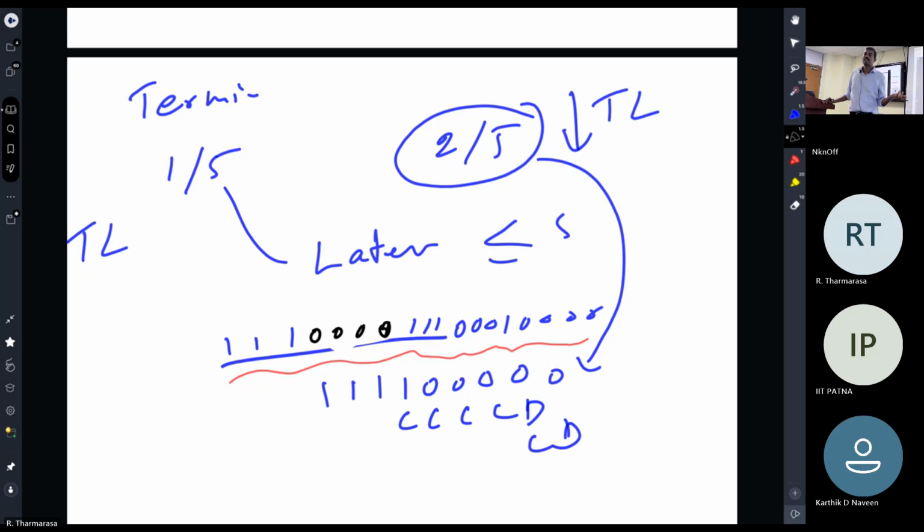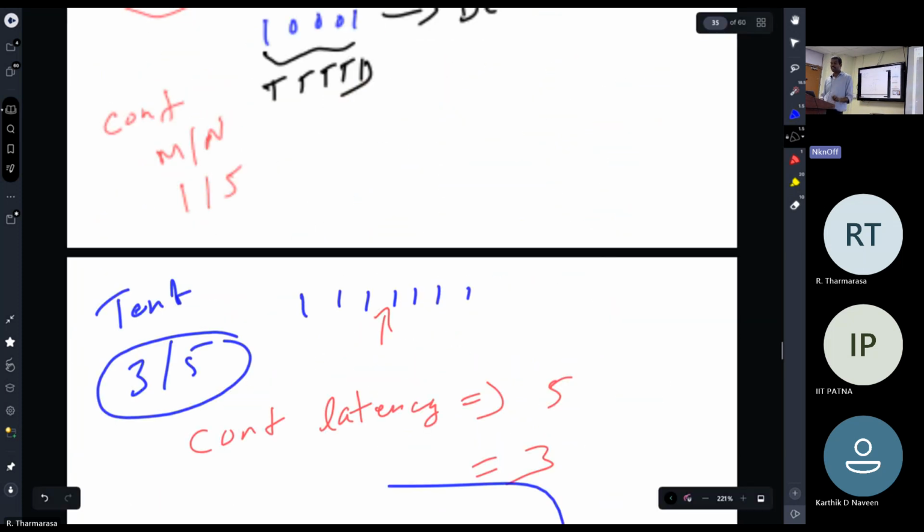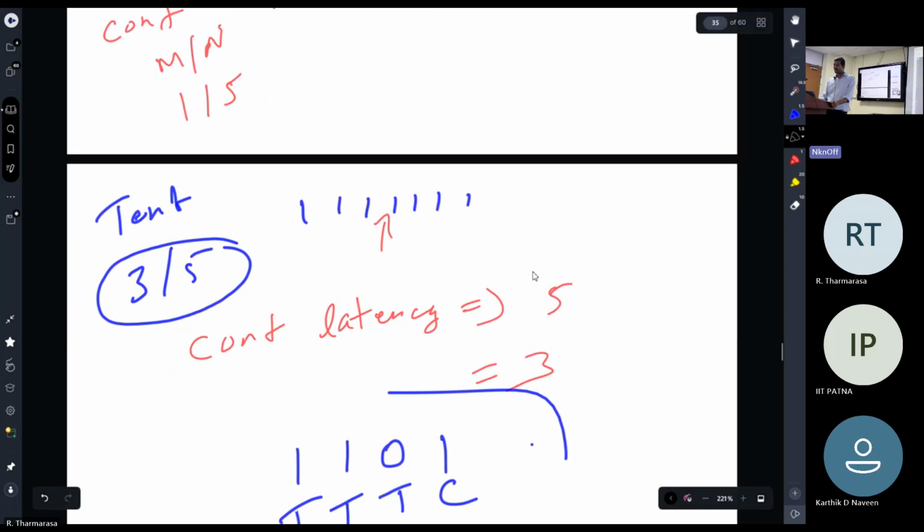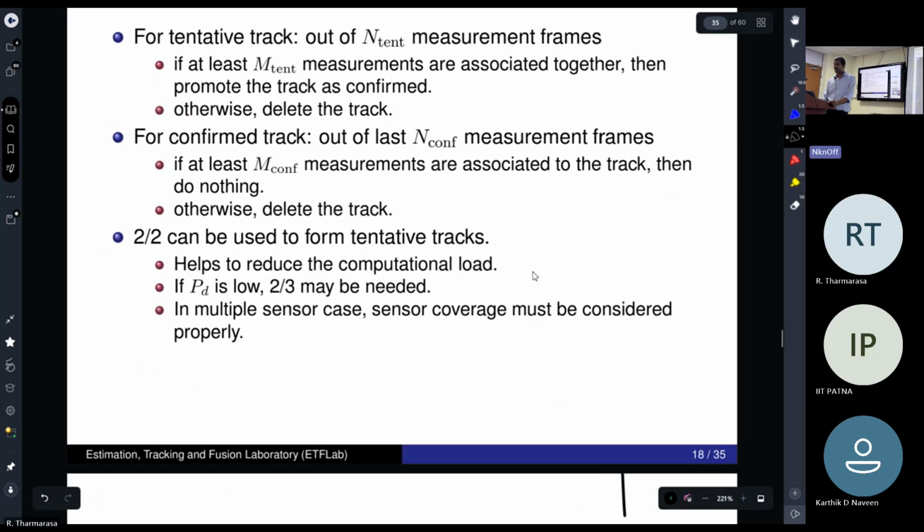Clear? Okay, that's all about the logic base, nothing else. That is why it's easier, because it's just numbers and understanding is easy, but finding the optimal value for this is not an easy problem. So that is about the logic base. This one, if you want, you can avoid.